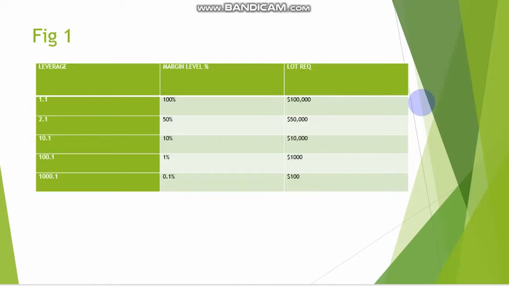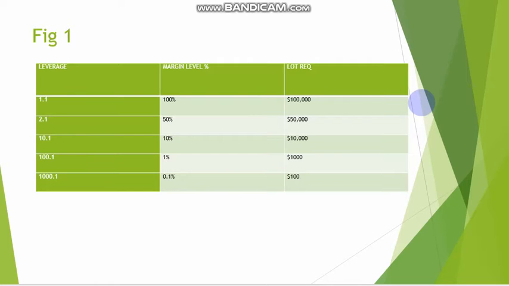Now I've made a table which is named figure 1. So we have leverage, margin level, and lot requirements. Now this margin is the money you need to be able to trade the amount you want to trade. You will understand this better when I talk about what we see in the chart and the trading platform.